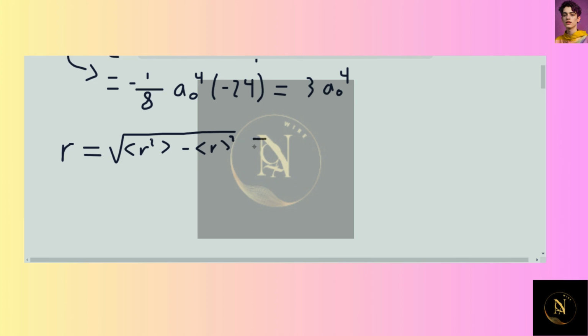So this is equal to the square root of 3a naught to the fourth minus 3a naught over 2 squared, which is 9 over 4 a naught squared.